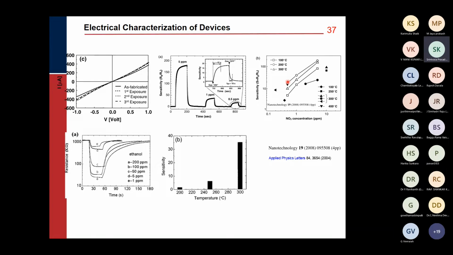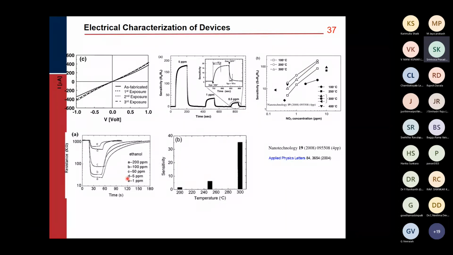For example, in this case the sensitivity increases with concentration, which means that if the behavior is linear, that is quite good. And with temperature also, you can see if you are getting reproducible behavior or a similar kind of trend, or something that is not reproducible, different from each other.